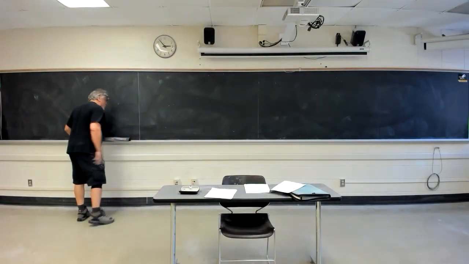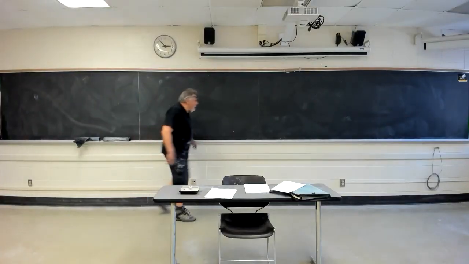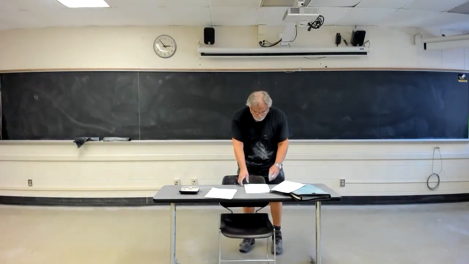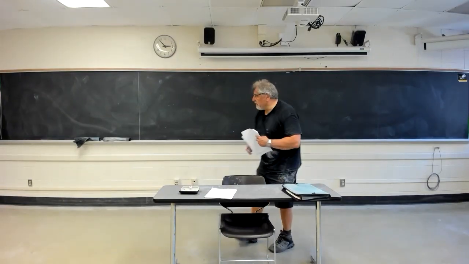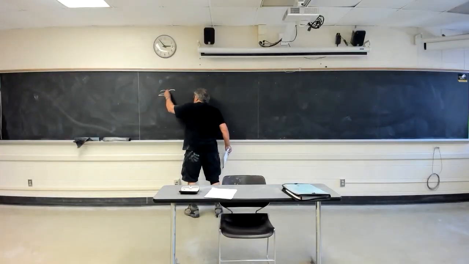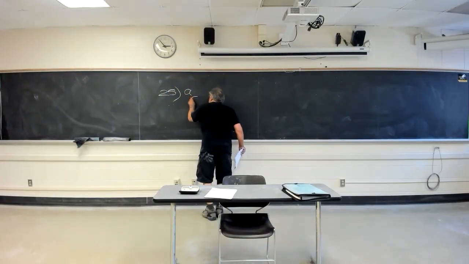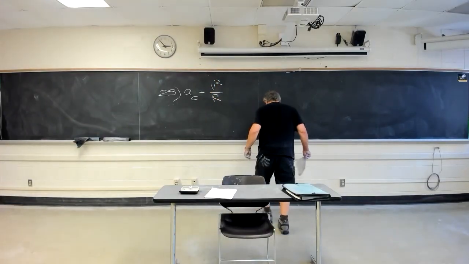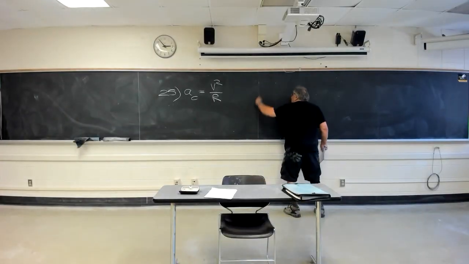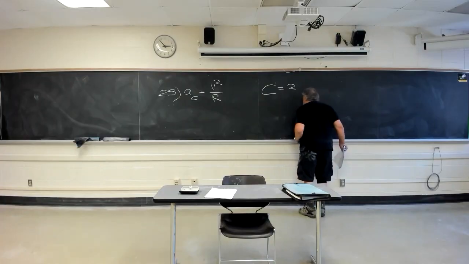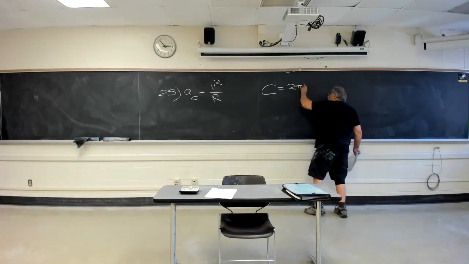Okay, this is an interesting problem, the way they put it together. Let's try to make it easy. If you want to find the magnitude of the centripetal acceleration, go v squared over r. They don't give you r, but they give you the circumference. You can use 2 pi r as the circumference.